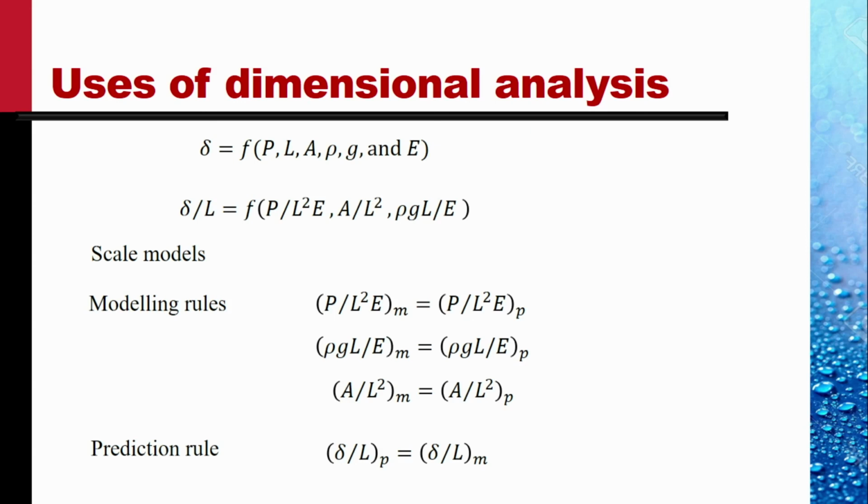Thus, we can construct a scale model, and if we measure delta by L in this scale model, the value of delta by L of the prototype would be exactly the same as you obtain in the model.